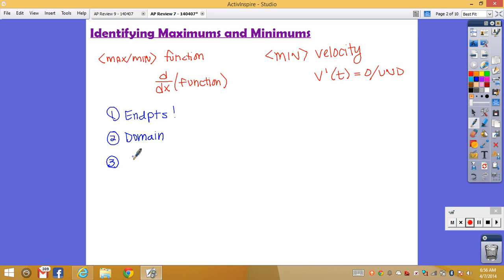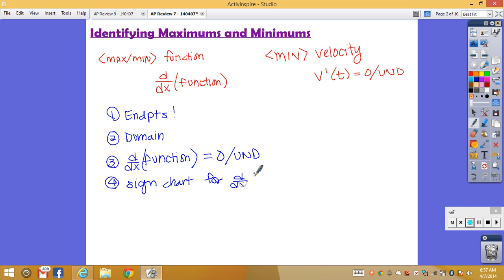Number 3, you're going to find the derivative of the function, set equal to 0, undefined, and then you're going to do a sign chart for the derivative of the function. I'm writing it this way purposely because I don't want you to think you're supposed to always find f prime. If they want us to find the maximum of f prime, then we would need f double prime.